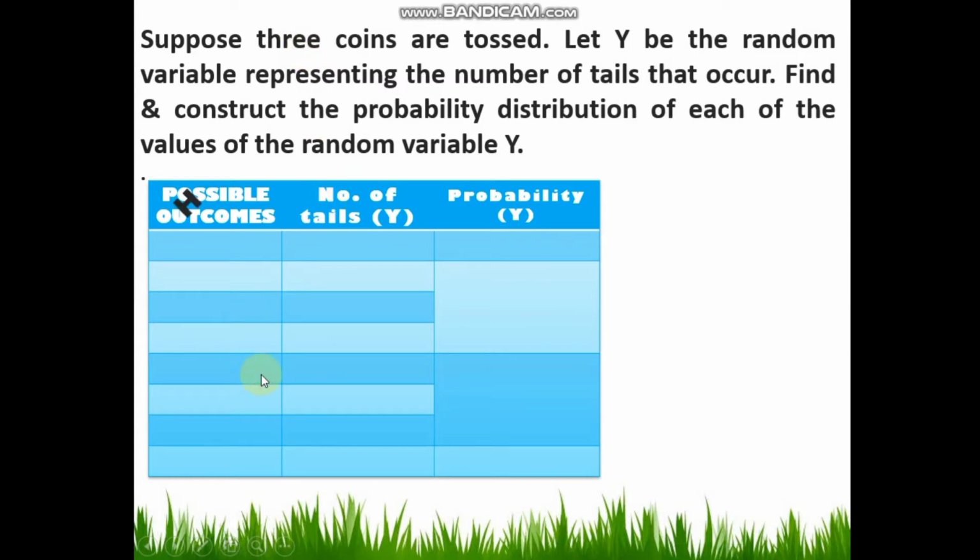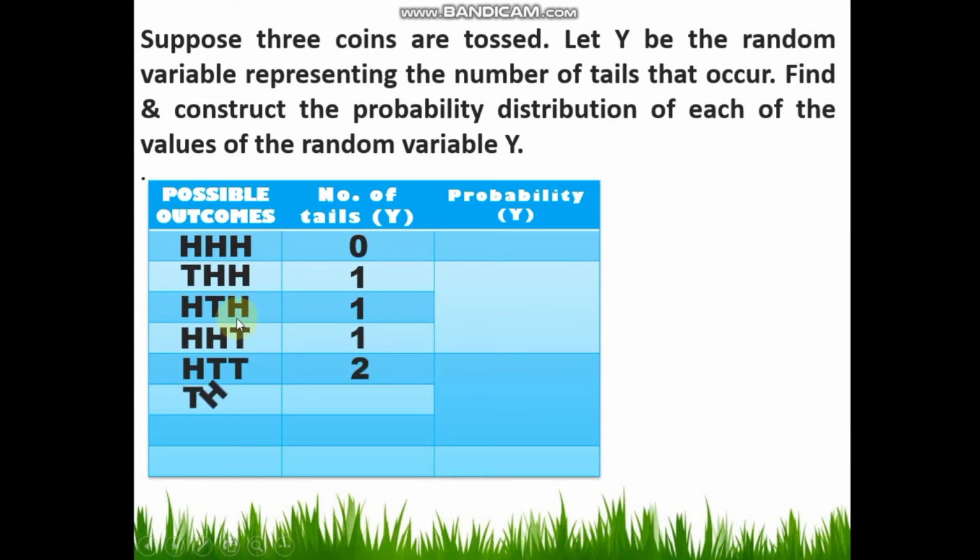And here they are. So we have HHH, or head, head, head, tail, head, head, and so on. And then the probability of getting 0 out of how many possible outcomes is 1 over 8, 3 over 8. Same with our previous example.